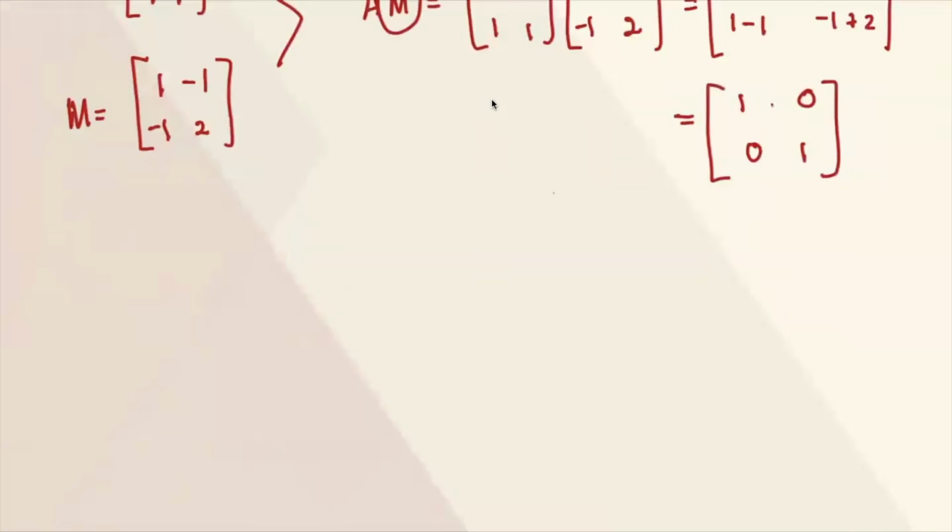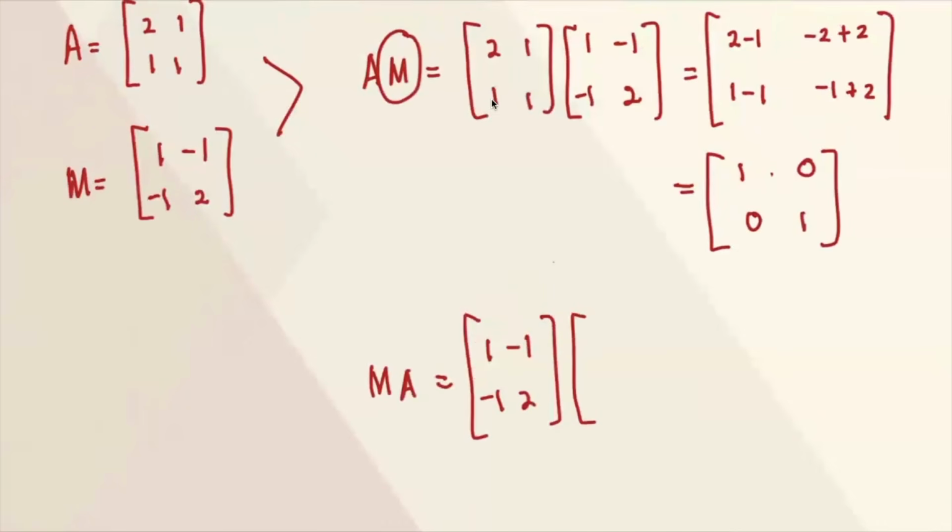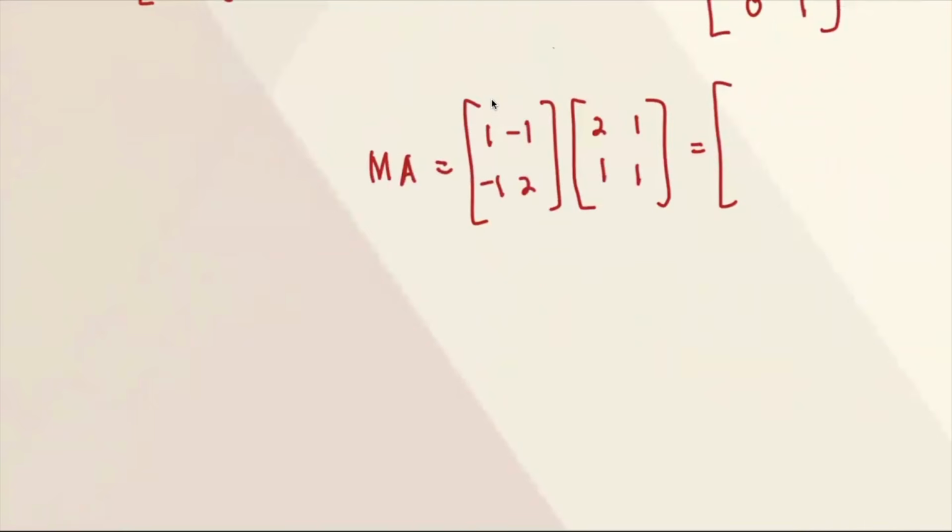Now, we'll see what is the result when we multiply M and A. So, ang mangyayari, this is 1, negative 1, negative 1, 2. Our A here is 2, 1, 1, 1. So, the product of this is 2 minus 1, 1 minus 1.